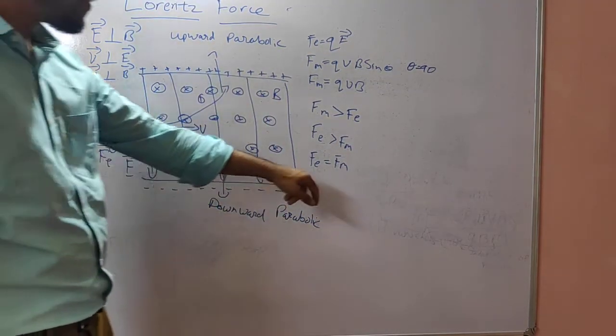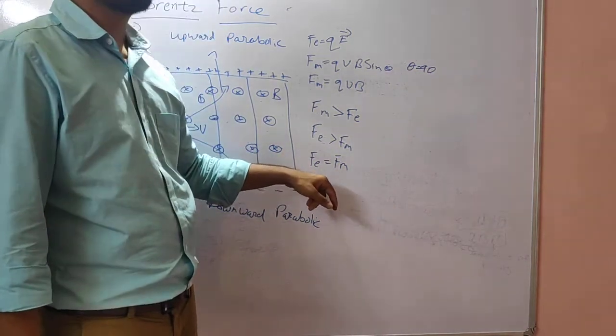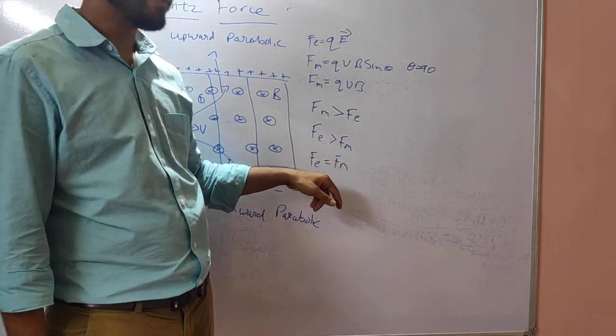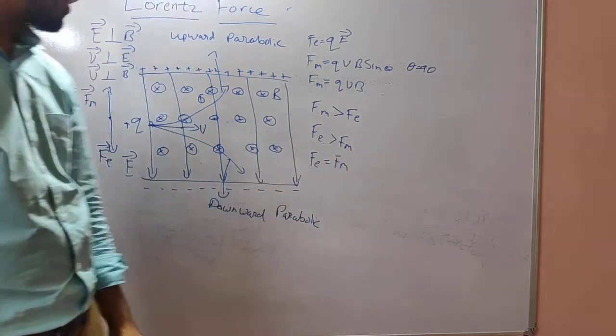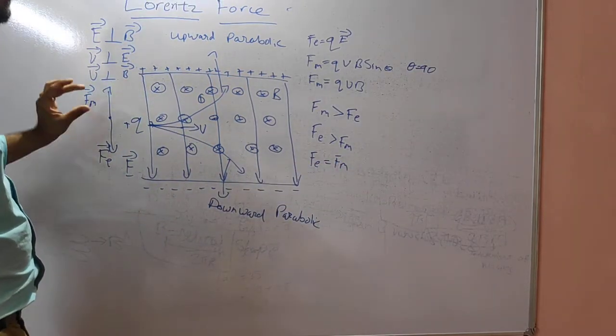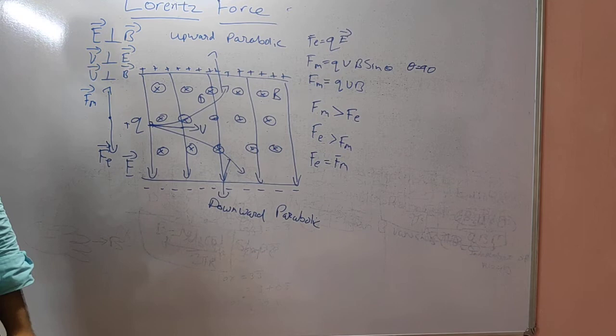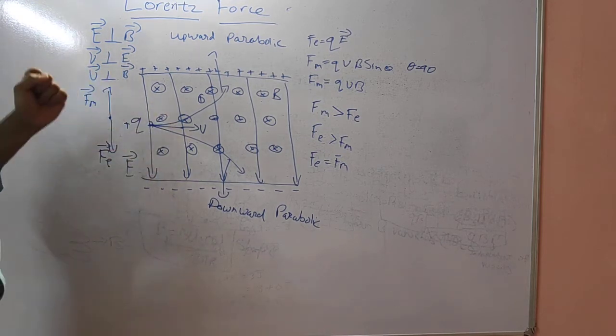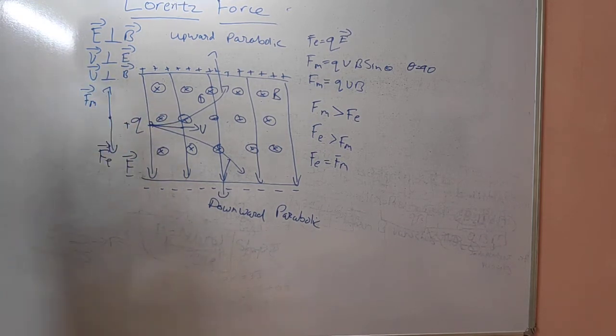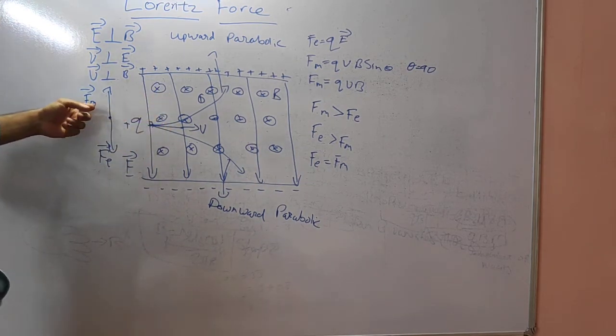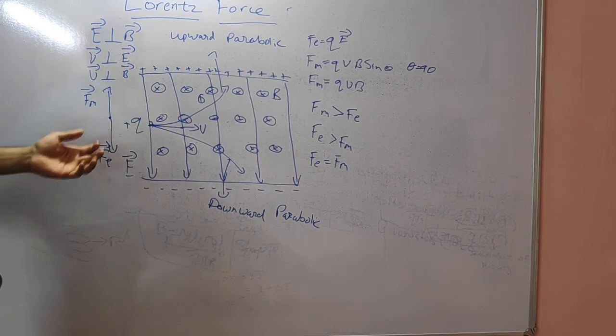Now third and very important case, if the magnitude of Fe and Fm both are same, then what will happen? In which direction will the charge be deflected? Nothing. If Fm wants to pull it up, what will Fe do? Fe will pull it down.